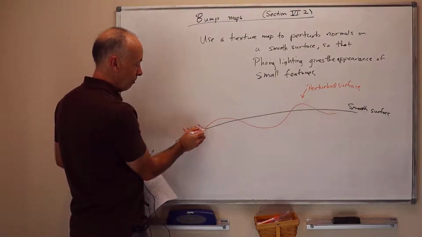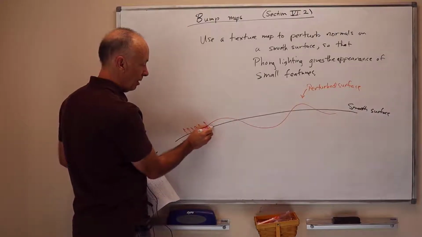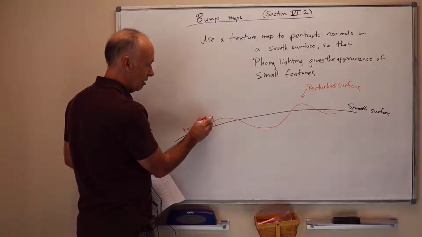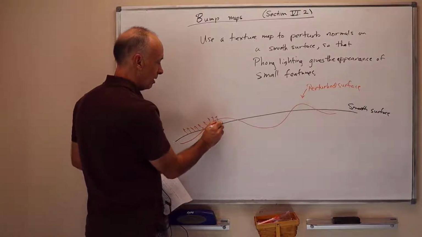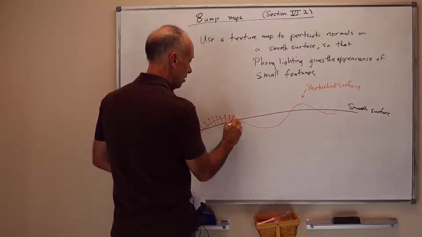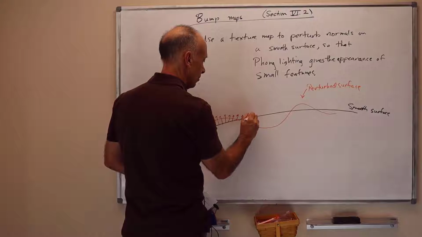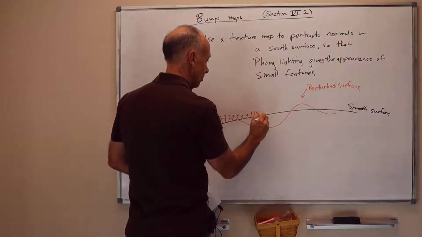So right here, where they pass through each other, this is right at right angles. We think of the normals being based on the smooth surface, but matching the direction of the perturbed surface. So the normals on the smooth surface would look something like this.